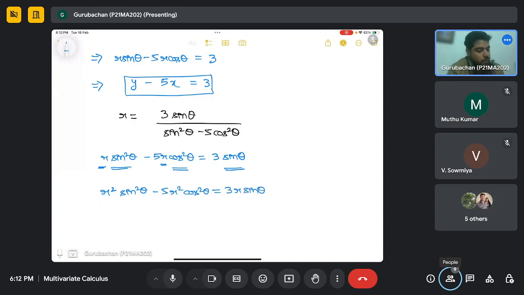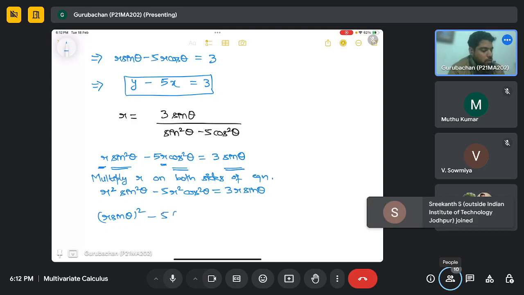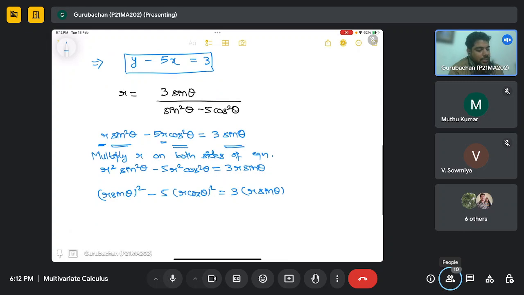What I have done is multiply r on both sides of the equation. So we can rewrite it as r sine theta whole square minus 5 r cos theta whole square equal to 3 r sine theta. So we know that r sine theta is nothing but y and r cos theta is nothing but x, which can reduce to this. Okay.